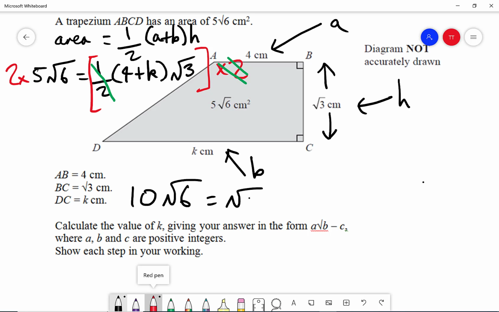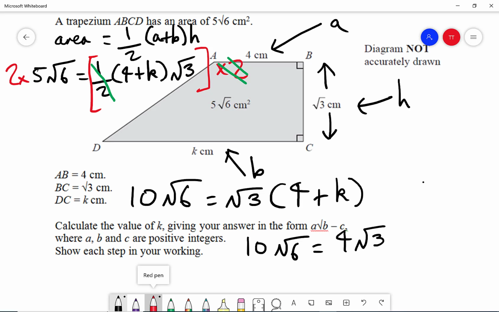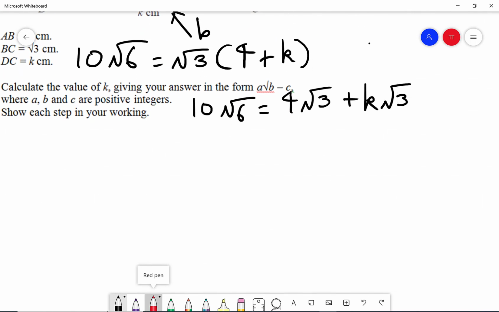And then I get √3 times 4 plus k, like so. So now what I can do is say 10√6 equals 4√3 plus k√3.